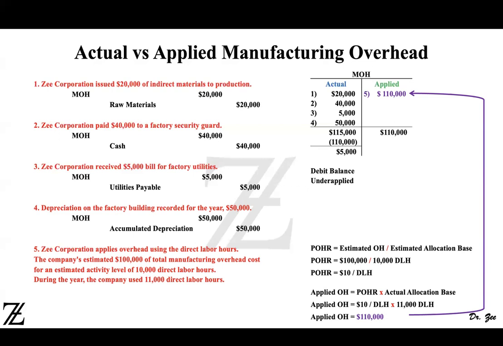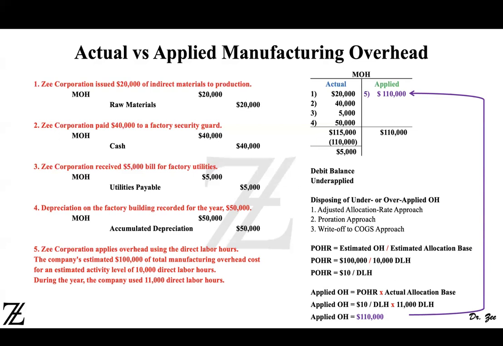So in order to fix that problem, you need to adjust or close the over-applied or under-applied overhead in the MOH account. There are three methods that are usually used for disposing of over-applied or under-applied overhead.